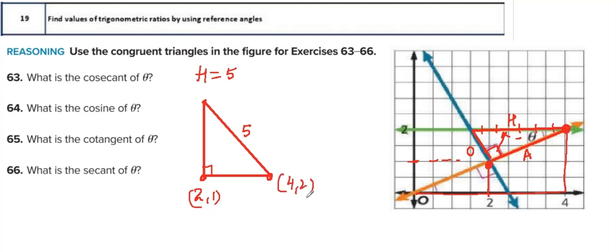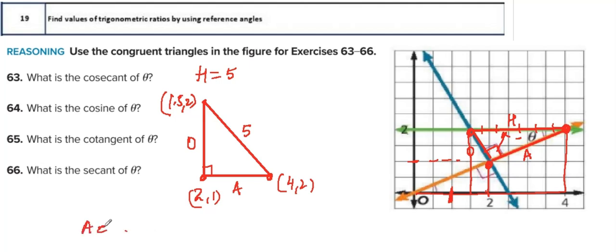One more point is left. This point is left. So here is 1 and here is 2, so this is 1.5 and 2. So how are we going to solve it? Find out all the sides. Opposite and adjacent we need to find out by using the distance formula. So let me find out adjacent.